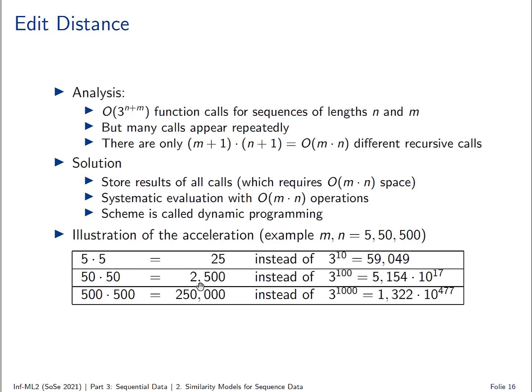For 50, you have 2,500 computations instead of 3 to the power of 100, which is, well, I cannot even name that. And so on and so on. So the acceleration is, I would even call that ridiculous. That is a really huge improvement in terms of performance, of course. So you are absolutely okay with the additional space requirements, which are of course also m times n in that case.